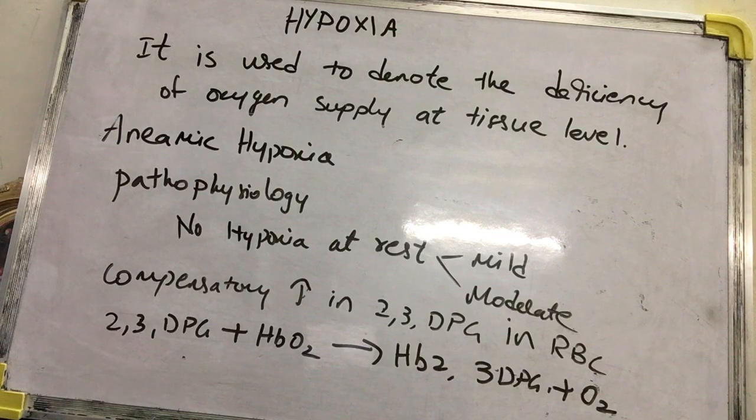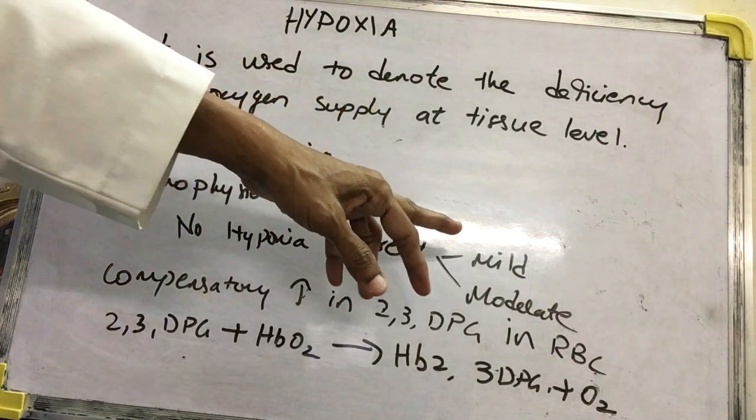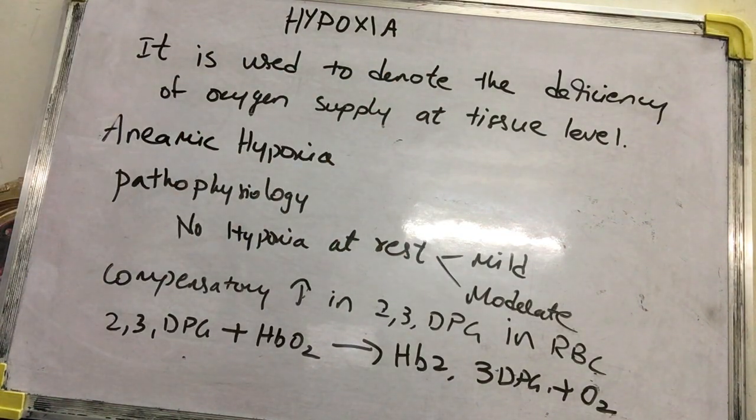So during rest, that is in mild and moderate anemia, you will not see any hypoxia because there is compensatory increase in the 2,3 DPG in RBC. This 2,3 DPG will combine with oxyhemoglobin and liberate oxygen.